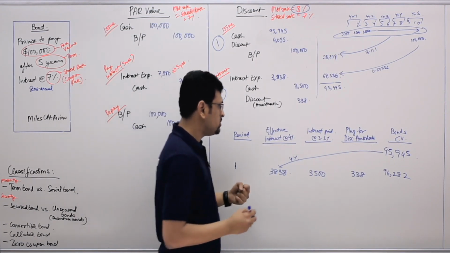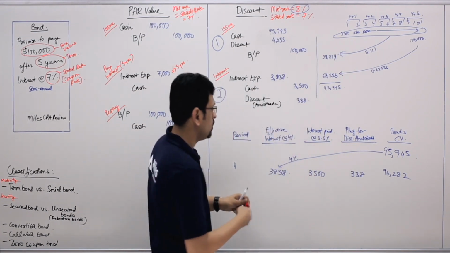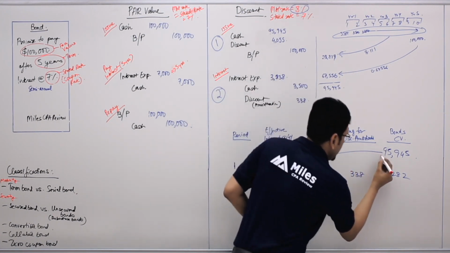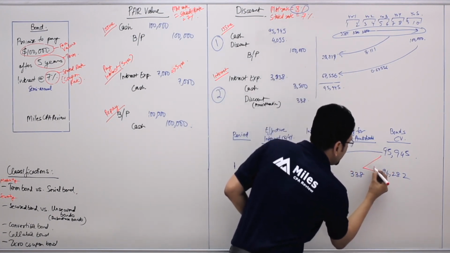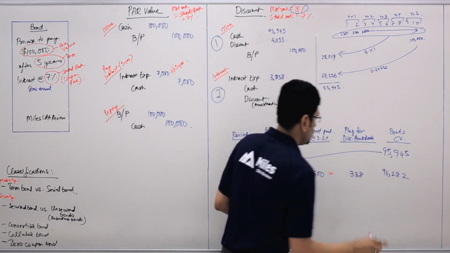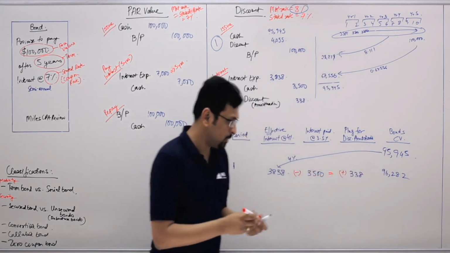Now the way you do it is, you could say 3838 minus 3,500 is equal to 338. 945 plus 338 gives you 96,282. So this minus this is a positive number.